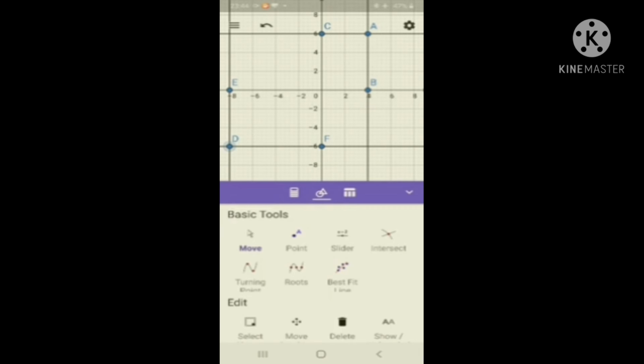Again, suppose you have to find other points which are represented in this graph. So suppose B is +4 unit from the origin and at a 0 distance from the y-axis. So the coordinate of B is (4, 0).